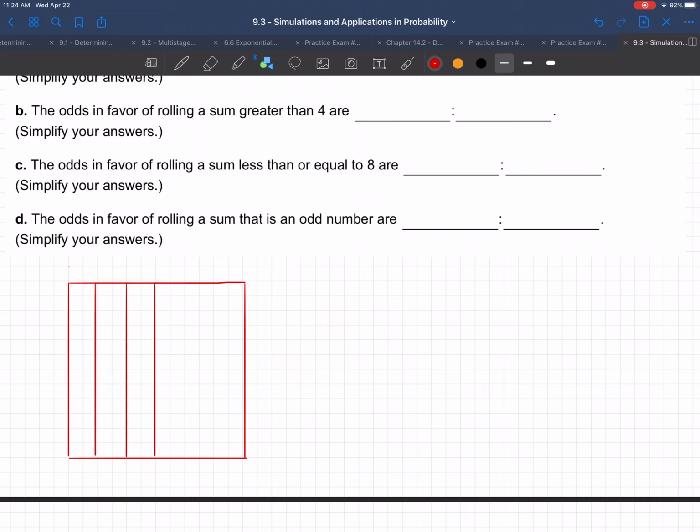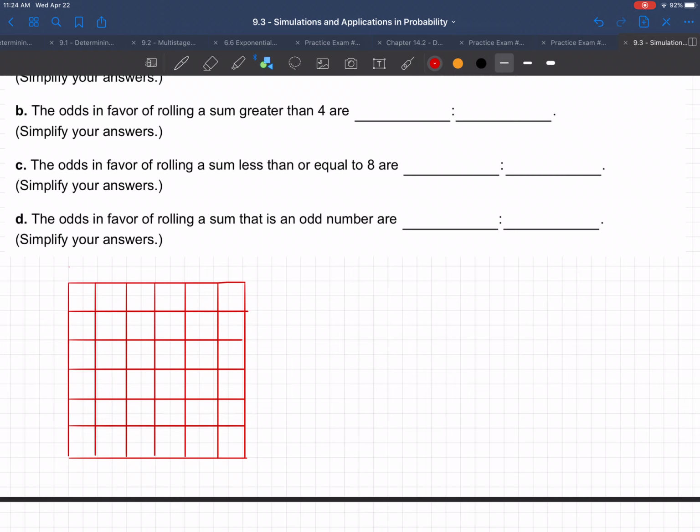We're going to do everything from this table. So it's important. Whenever you roll 2 dice, you want to have this table before you. Okay, so now I'm going to put in there the different things that can happen when we roll 2 dice.